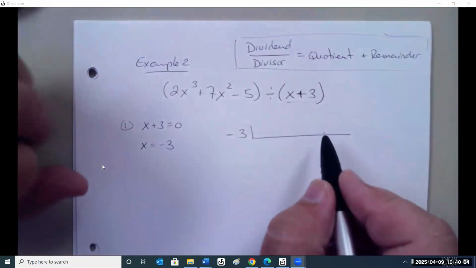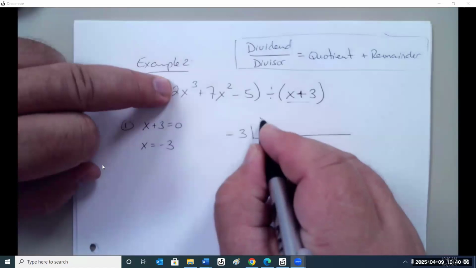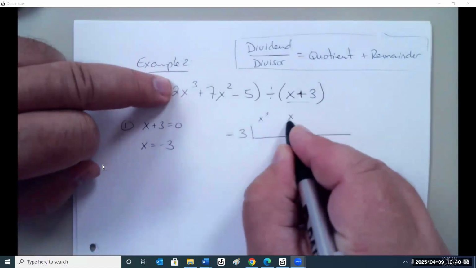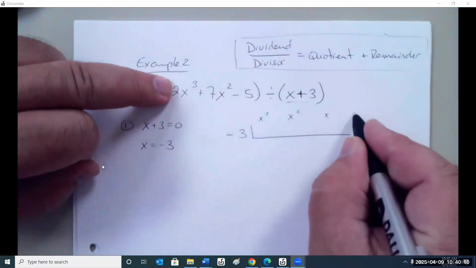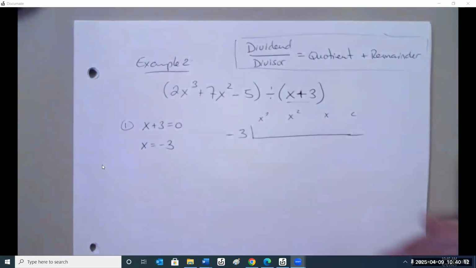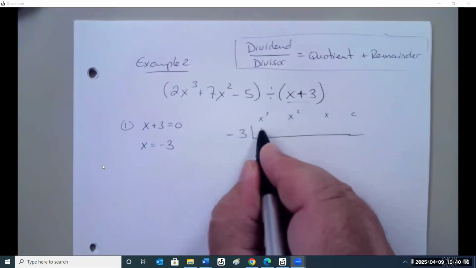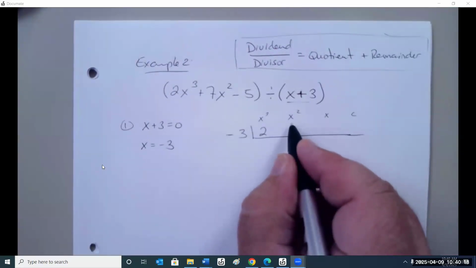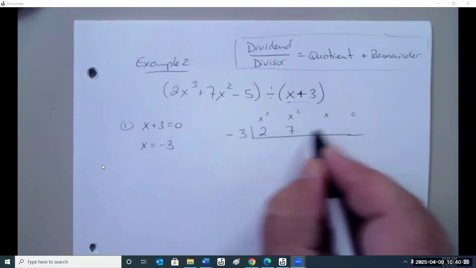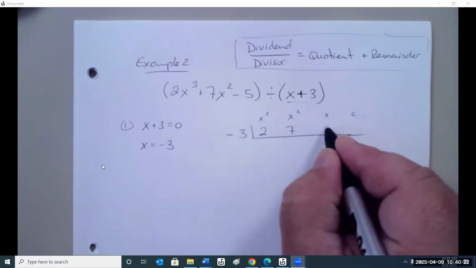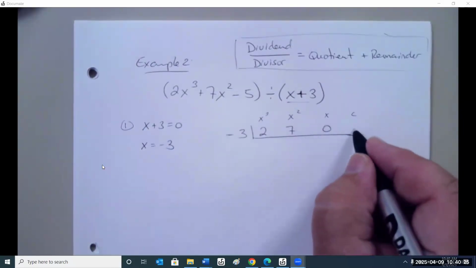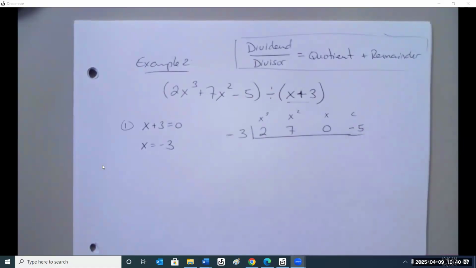And on the inside here, since the largest power is x cubed, I have to put the coefficients of each of these columns. So what's the coefficient of x cubed? X squared? X? Right, doesn't exist, so it's 0. And then the constant is negative 5.